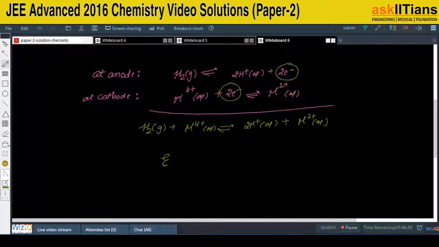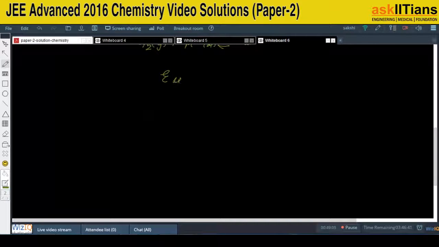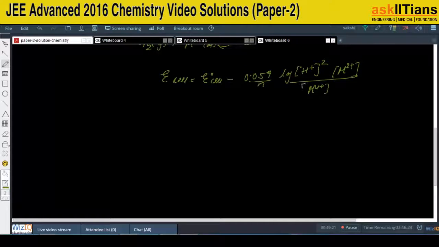Now you can very nicely use the Nernst equation, and according to the Nernst equation, E cell is equal to E naught cell minus 0.059 over n log of the concentration of products, H plus raised to the power 2 times M2 plus aqueous, divided by M plus 4 aqueous and the pressure of hydrogen gas.